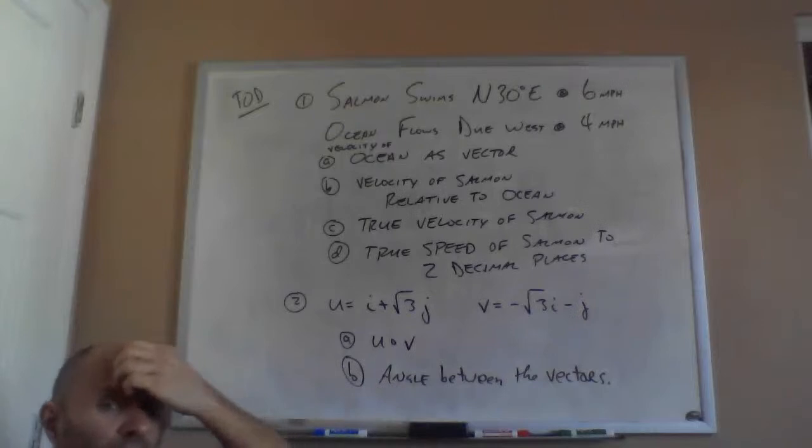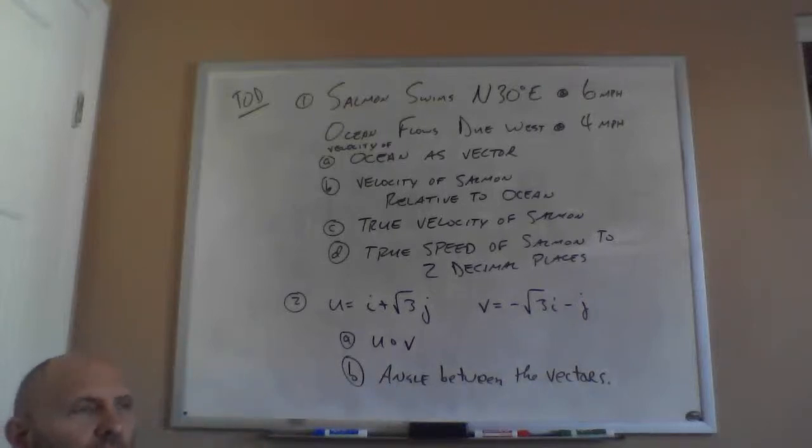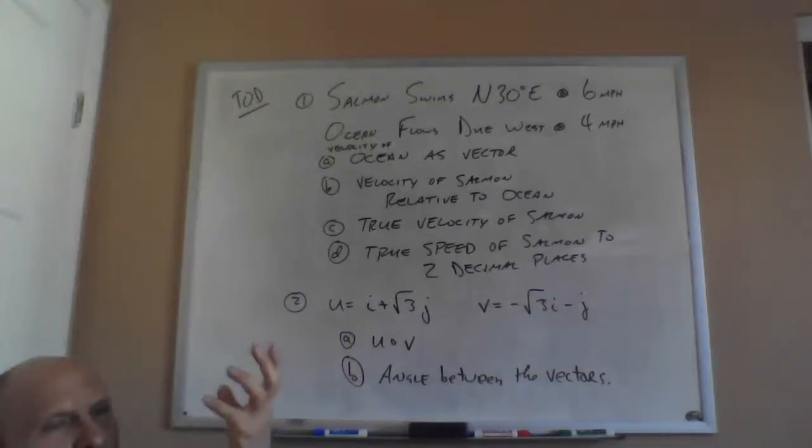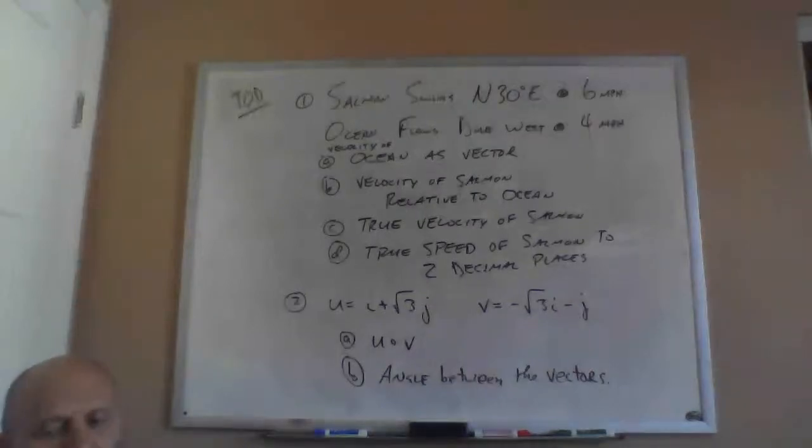And then be careful with what it's asking. If it's velocity relative, that's just the velocity of the salmon by itself. True velocity is the combination of the two. I think you have B and C not correct, but I think you have the concept reversed. So just be careful on that.